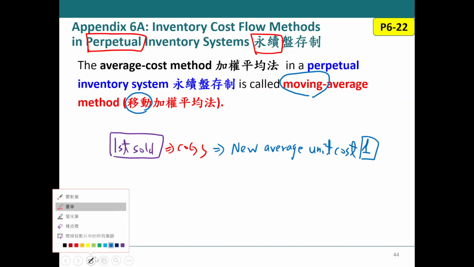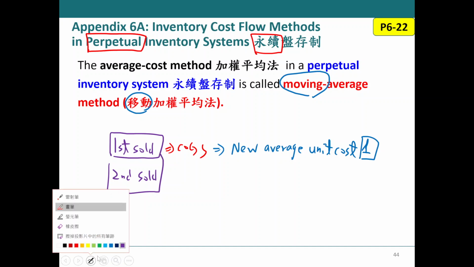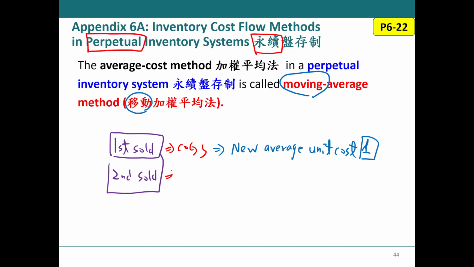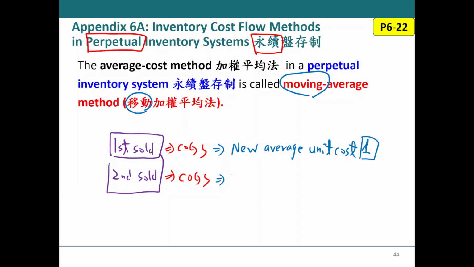How about the second sale? Perpetual is a hard worker. Every time you sell inventory, you have to compute cost of goods sold. Second assumption, mix all the inventory you have on hand, right? So you have to get your second new average unit cost. That's for your second one.